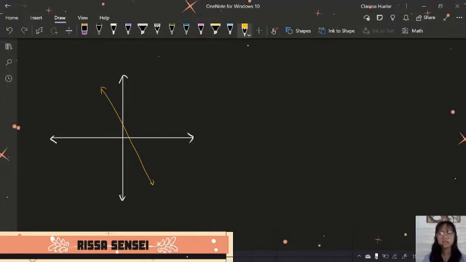Itong linya na to, color yellow, paano natin malalaman kung function yan? Yung mga graphs, relation yan. Kasi kapag kinuha mo yung mga points doon sa mismong graph, it will make a set of ordered pairs. Pero paano natin malalaman kung function yan? Meron tayong tinatawag na vertical line test.